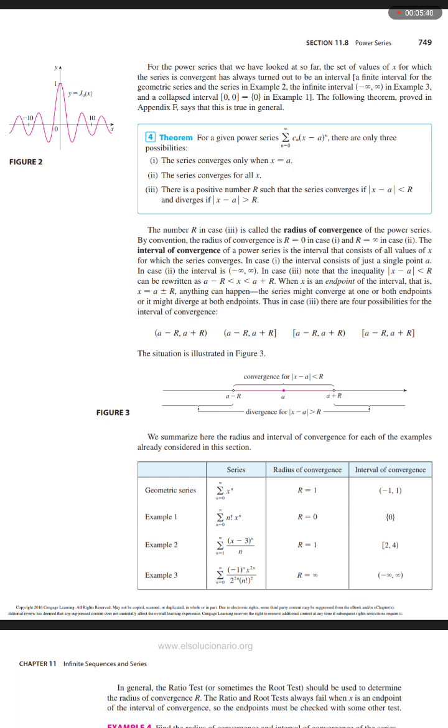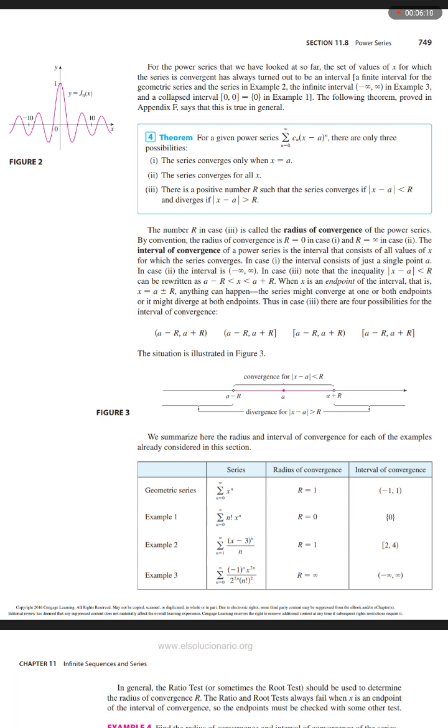By convention, the radius of convergence is R equals 0 in case 1 and R equals infinity in case 2. The interval of convergence of a power series is the interval that consists of all values of x for which the series converges. In case 1, the interval consists of just a single point a. In case 2, the interval is (-infinity, infinity).